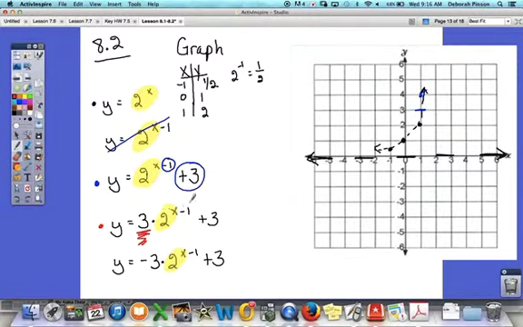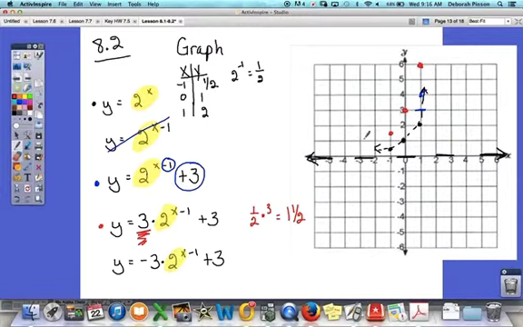We did this a little bit in 8.1. So here I'm 2 away from the x-axis, so 2 times 3 is 6. Here I'm 1 away, so 1 times 3 is 3. And here I'm 1/2 away, so 1/2 times 3 is 3 over 2, which is 1 1/2.